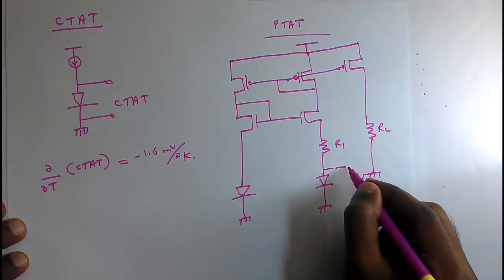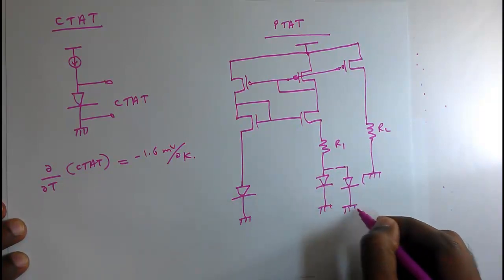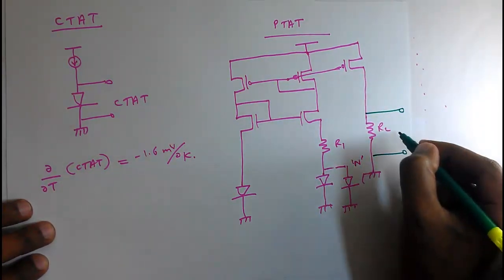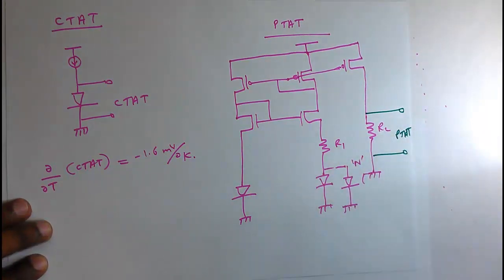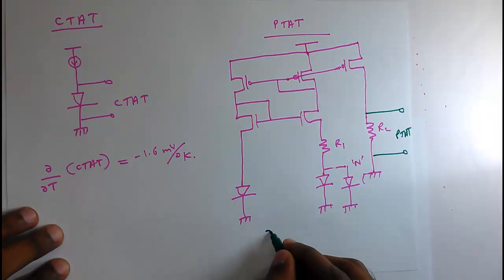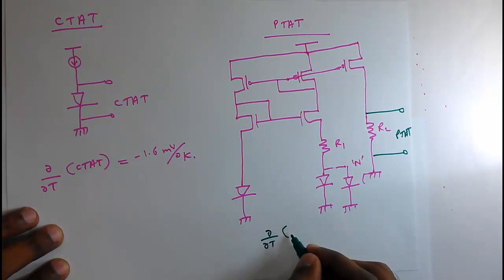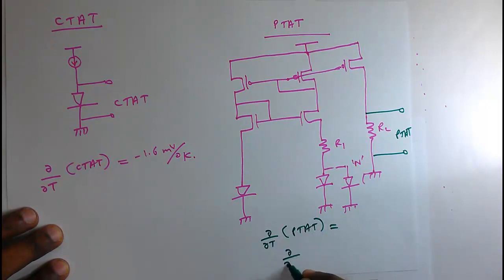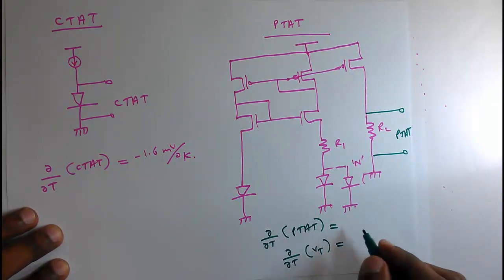We have n number of diodes here in parallel, and we connected this so that the same current flows through all the branches. And we said this voltage is a PTAT. And we found ∂/∂T of PTAT, that is ∂/∂T of Vt, is near 85 microvolt per degree Kelvin.